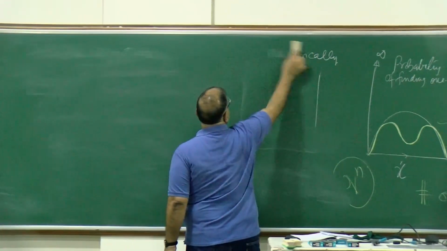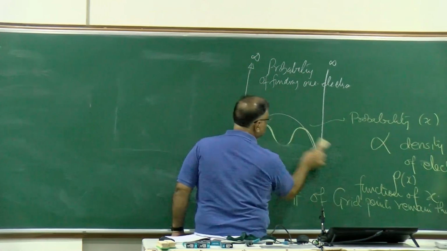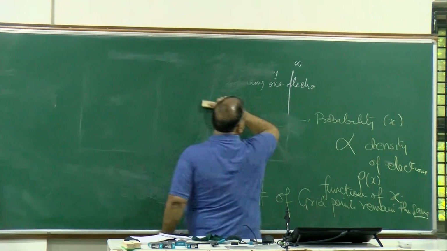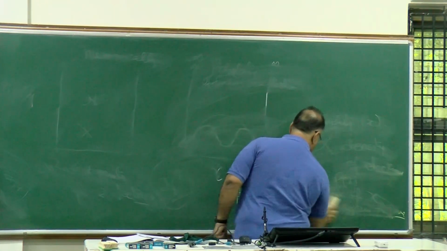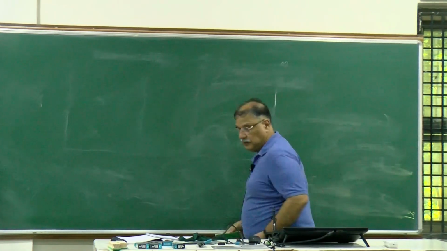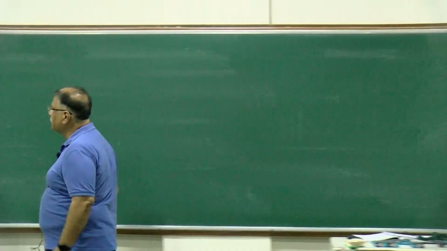So the next question I'm going to ask is, where do you think I have the simplest possible density? So we are doing the interacting electron problem.